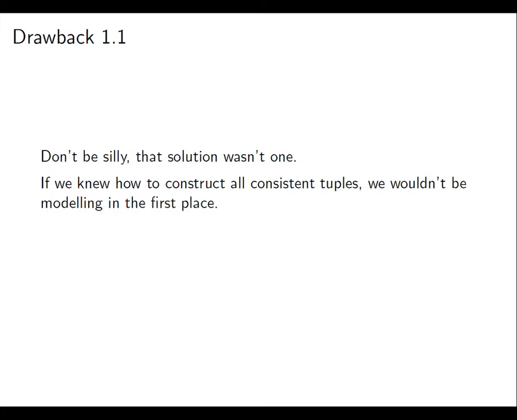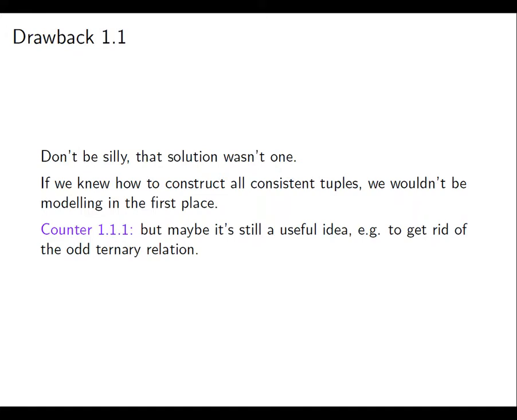That would completely defeat the purpose. Oh dear. Well, however, it might still be a useful idea. So, for example, perhaps that would be a decent way to get rid of the odd ternary relation that might turn up in a situation where most of the relationships are binary. So let's park that for a moment and think about a second possible solution.